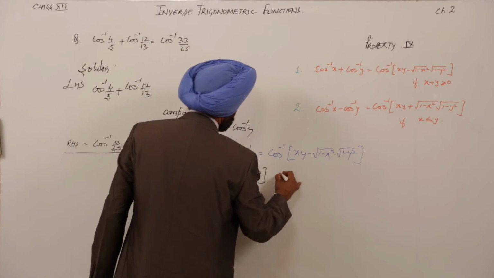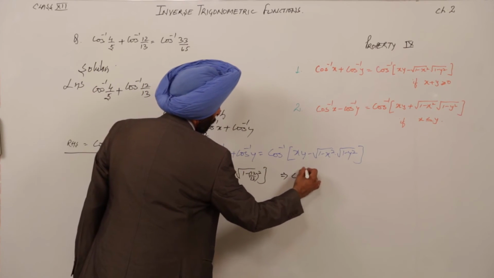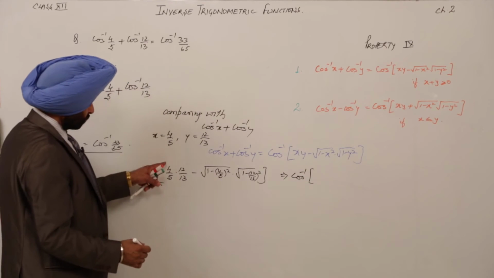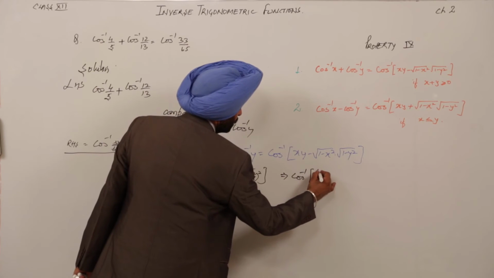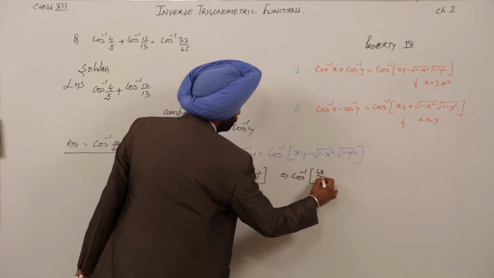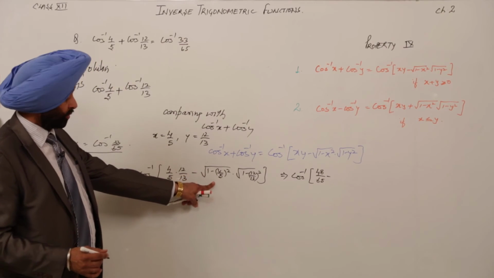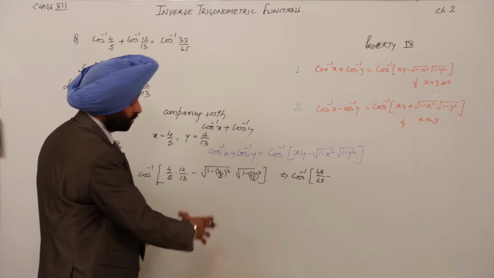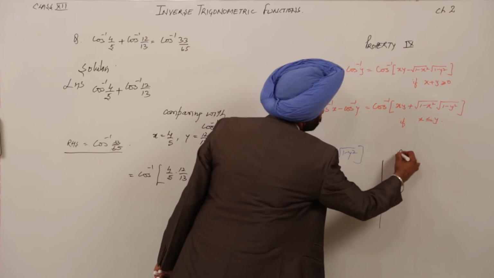So, now we can write cos inverse of 4 upon 5 times 12 upon 13, which becomes 48 upon 65, minus, now 1 minus 4 upon 5 whole square, either you can solve here also or on the rough side. So, let us solve on the rough side.